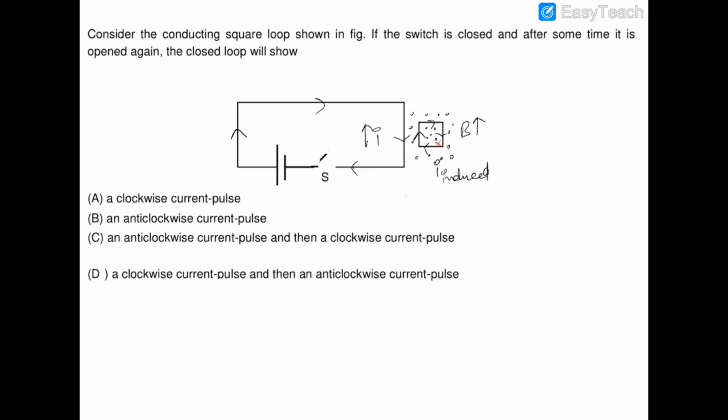So it will create its own magnetic field in the same direction. Therefore now the current will be in the anti-clockwise sense. So the correct option will be option D, which says that initially the current will be in the clockwise sense, and then in the anti-clockwise sense. Thank you.